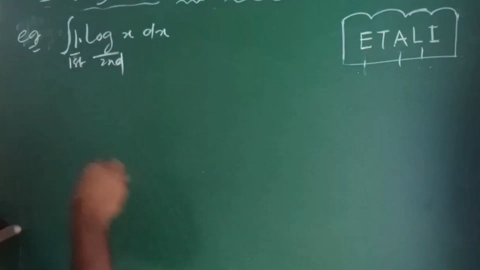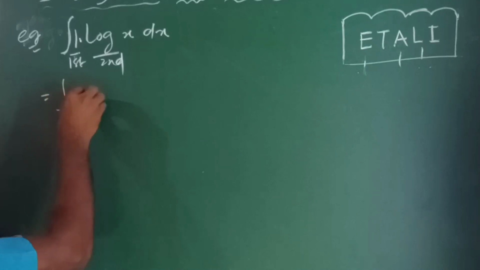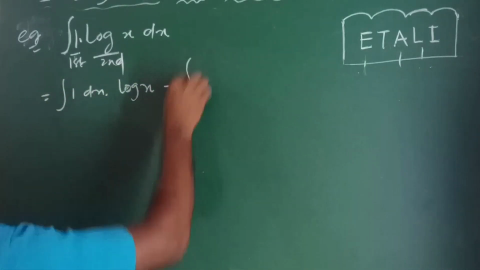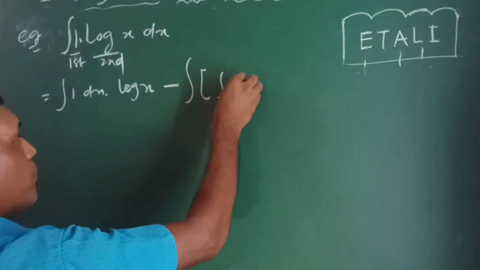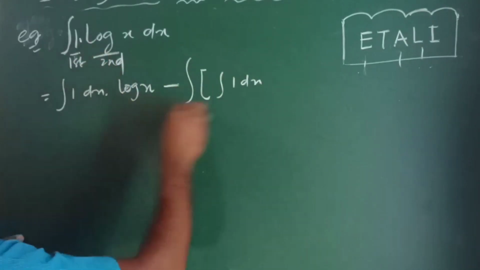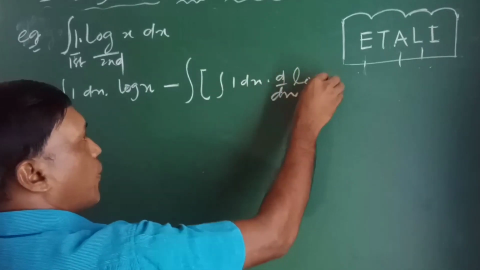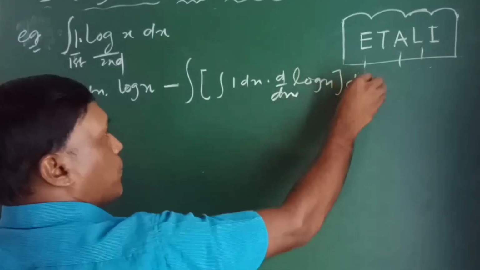How? The formula is integration of first into second minus integration of first into derivative of second: 1 into derivative of log x with respect to x.